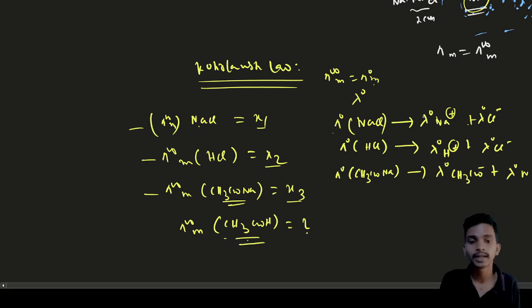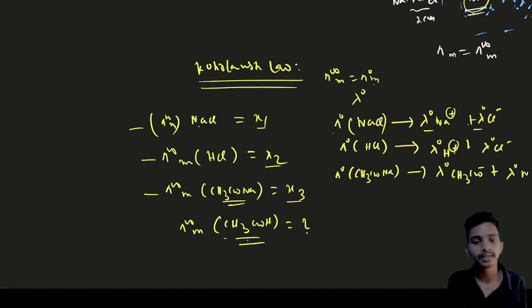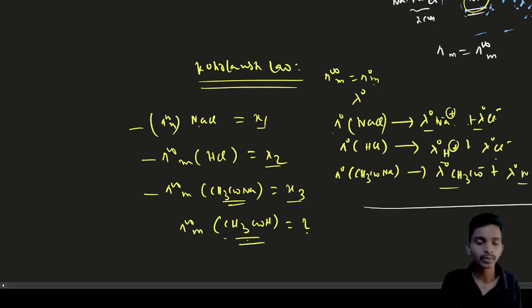At infinite dilution, every ion behaves individually, which means they have no relations with each other, because water has come in between, so they behave with individual properties.